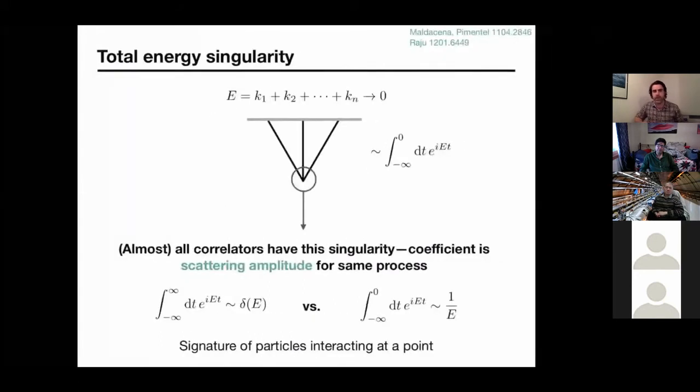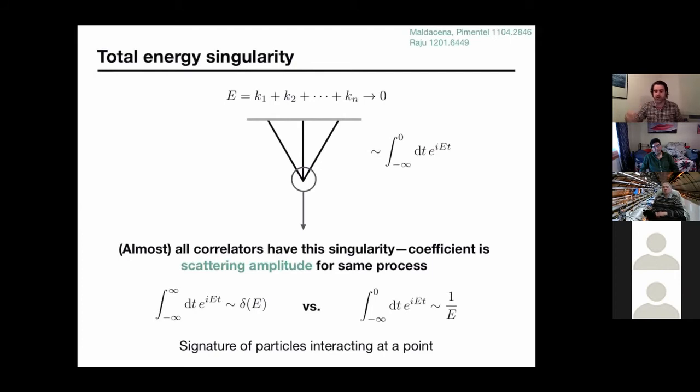Okay. And we can understand that in the following way. Let's go back to this really simple contact-like example. The type of integral I need to do is just an integral of e to the iEt, where I'm calling E the energy flowing into this vertex, and I'm integrating this all the way from -infinity up to 0.